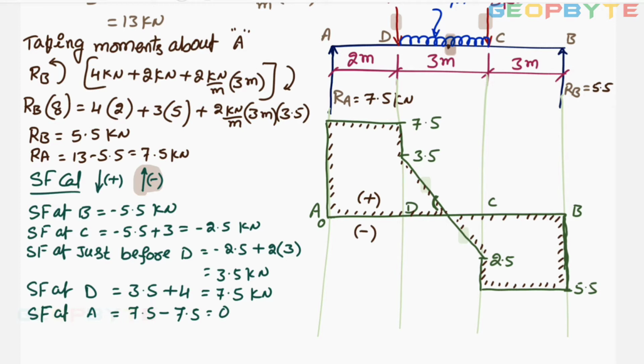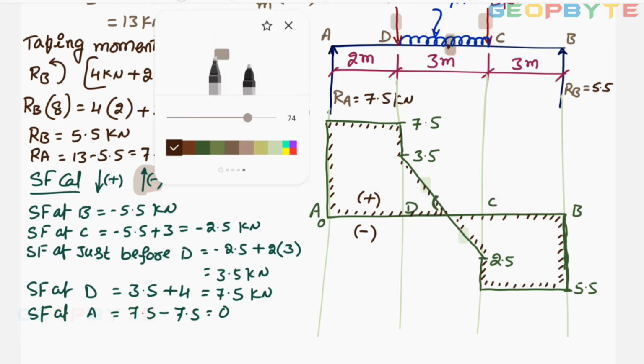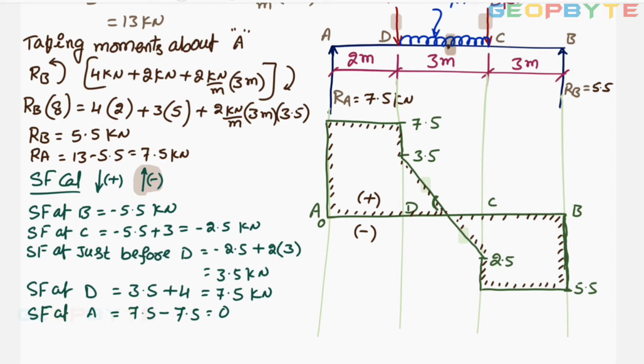Remember, wherever the shear force diagram changes its sign from negative to positive or positive to negative, there you are getting the maximum bending moment. At that point K, the shear force diagram changes its sign, and at that point, bending moment is maximum.